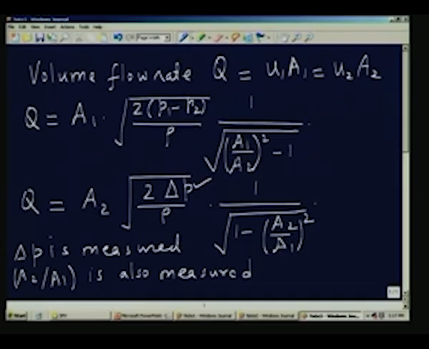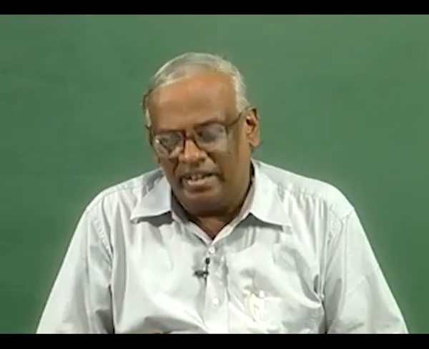I know what the area A1 is at section number 1, and I know what the area is at section number 2. The assumption is that A2 is less than A1: section 1 is the larger area and A2 is the smaller area.